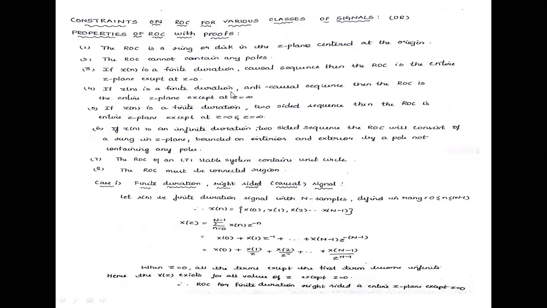If x of n is a finite duration anti-causal sequence, the ROC is the entire Z plane except Z equal to infinity. The causal sequence means the positive direction, my students.